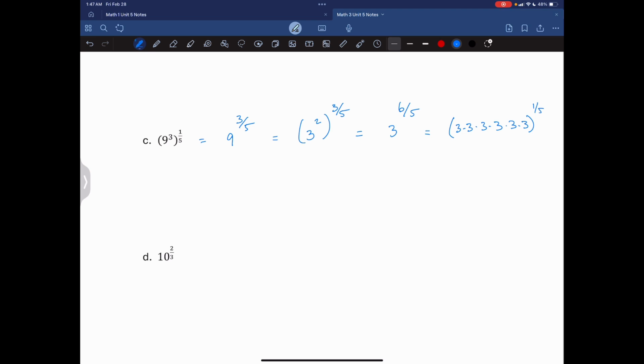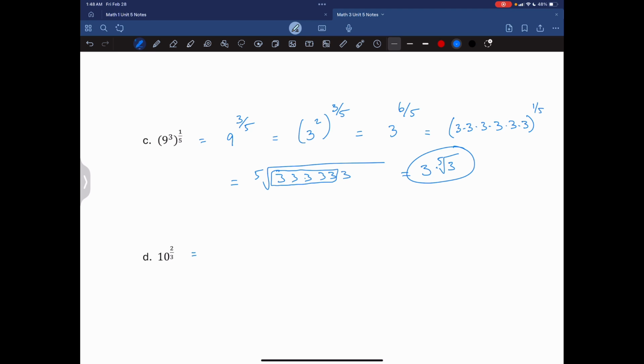Well, this is just basically saying I have the 5th root of 1, 2, 3, 4, 5, 6 threes. So I'm trying to look for groups of 5. I can pull out 1, 2, 3, 4, 5, and I'll be left with 1 left over. So this is going to turn into 3 times the 5th root of 3. Okay.